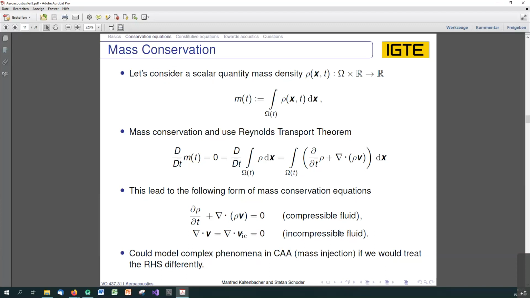So the Mach number is much smaller than 1, or Mach number squared is much smaller than 1. This is how we got to the 0.3 boundary of the Mach number. And there you can model a fluid as incompressible. But be aware, if you would like to simulate fluid dynamics and acoustics within one simulation, you always have to use a compressible fluid.